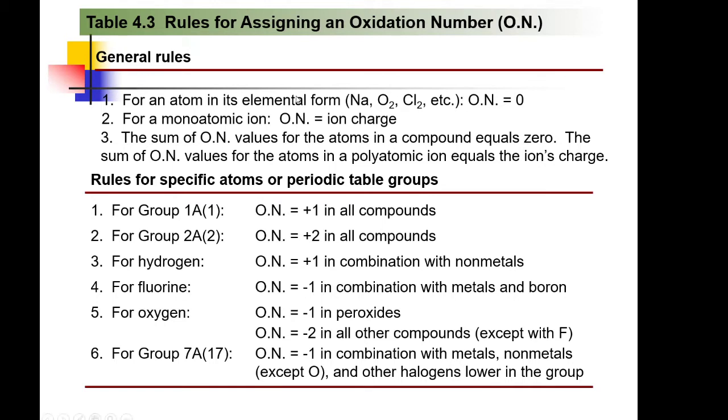If I'm a monatomic ion, whatever my charge is is my oxidation number. And if I'm combined with other elements, the sum of my oxidation numbers has to equal whatever my charge is on the compound. And we'll talk about that right now.